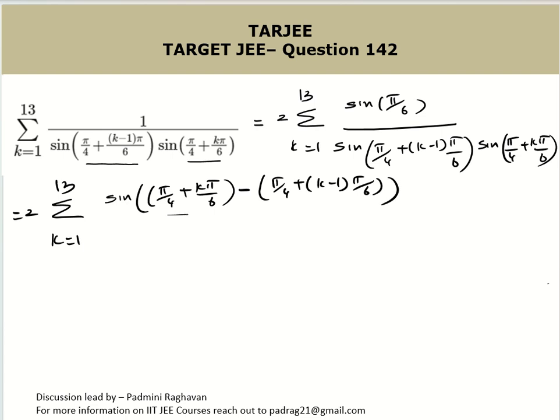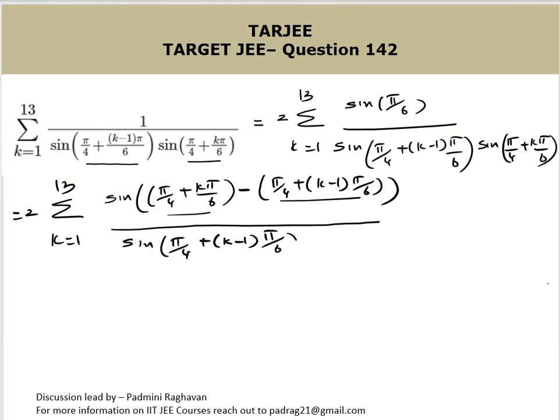You can see that this angle minus this angle will give you pi by 6. The denominator remains as it is, sine of pi by 4 plus k minus 1 times pi by 6 into sine of pi by 4 plus k pi by 6.